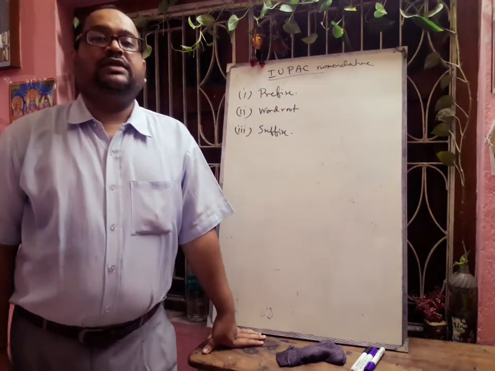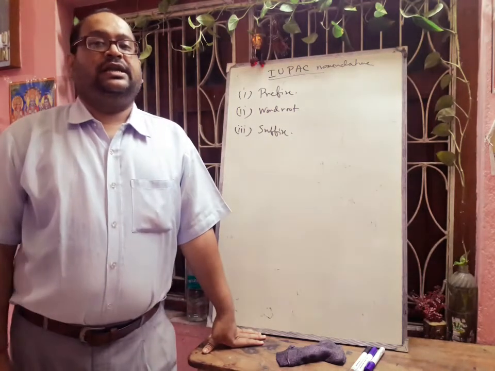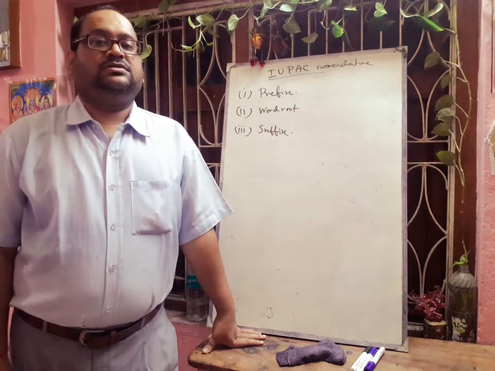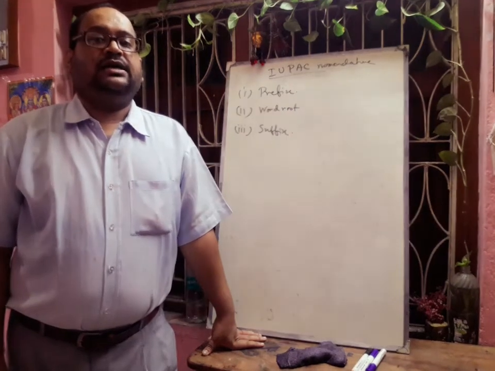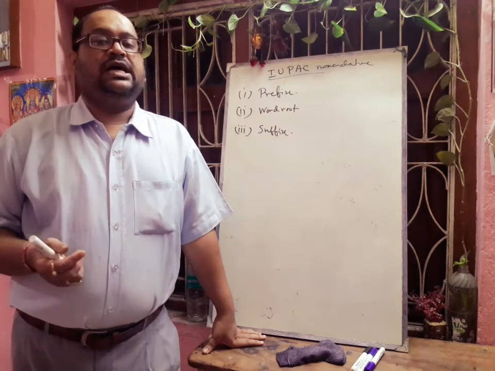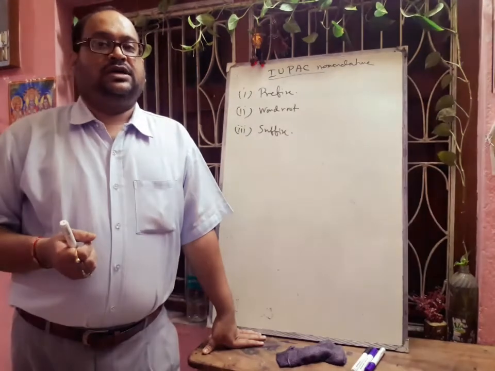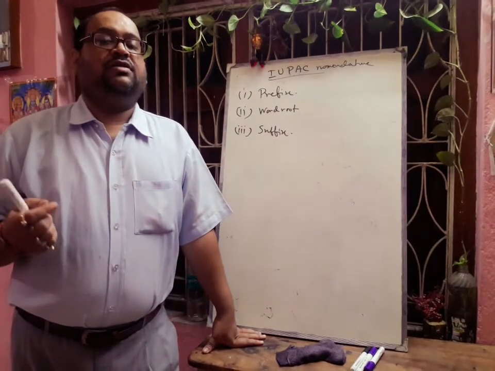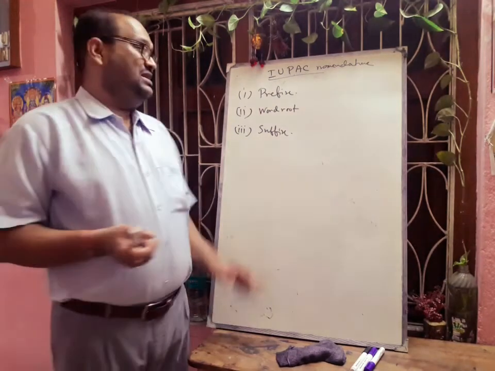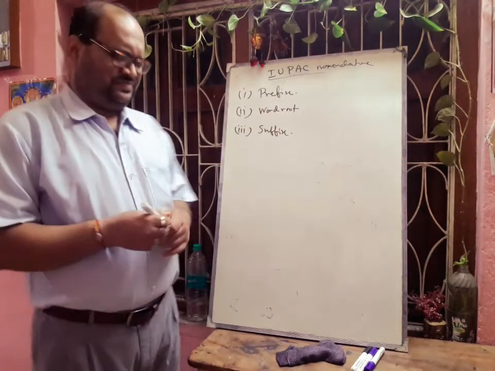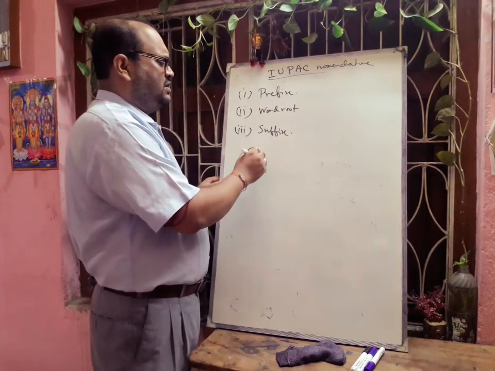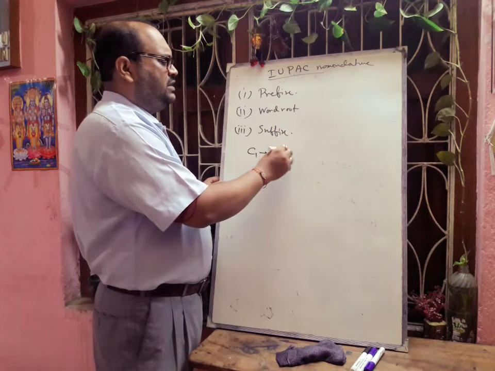So what is the word root? It is the basic unit of the name. It depends upon the number of carbon atoms. The number of carbon atoms is decided by selecting the longest carbon chain, which is generally called the parent chain. If only one carbon atom is present, we call it meth.